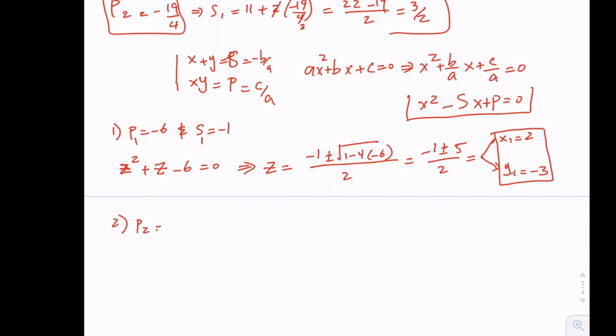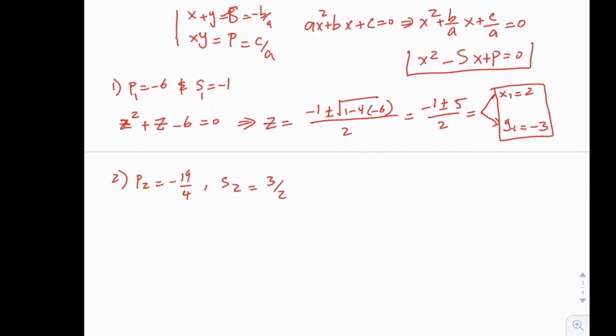So P2 is minus 19 over 4 and S2 was 3 over 2. So then the equation will be z squared minus 3 over 2 z minus 19 over 4 is 0. And if we multiply the two sides by 4, we get 4z squared minus 6z minus 19 is 0.